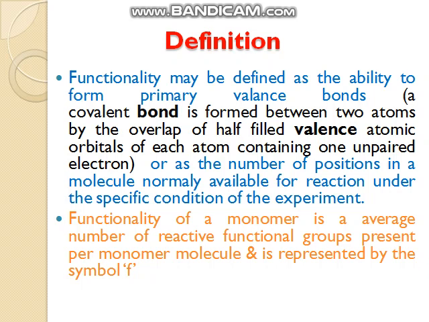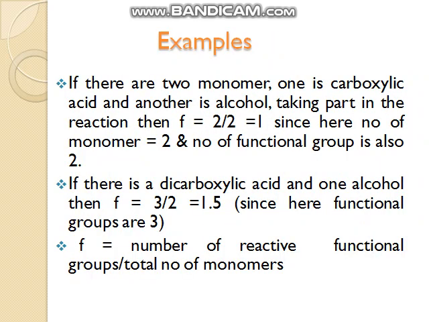Functionality of a monomer is also defined as the average number of reactive functional groups present per monomer molecule and is represented by the symbol F. For example, if there are two monomers, one a carboxylic acid and another an alcohol, taking part in the reaction, then F equals 2 by 2, which equals 1. Here the number of monomers is 2 and the number of functional groups is also 2, because the carboxylic acid contains one functional group and the alcohol also contains one, so the total number of functional groups taking part in the reaction is 2.